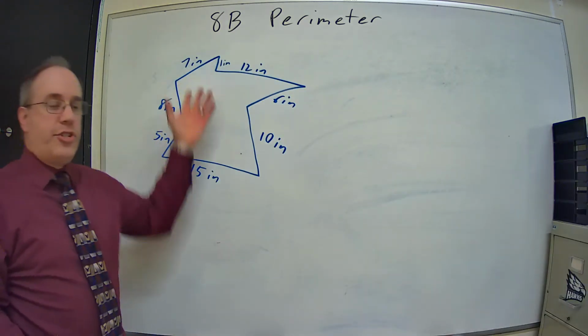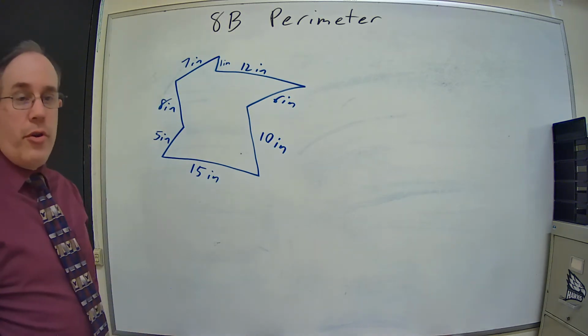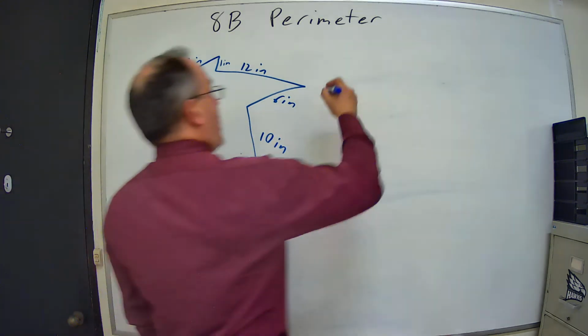So now I have a shape, and I have all the sides. The perimeter is just the sum of all those sides.